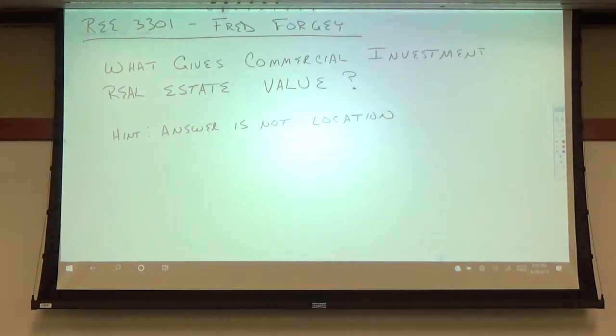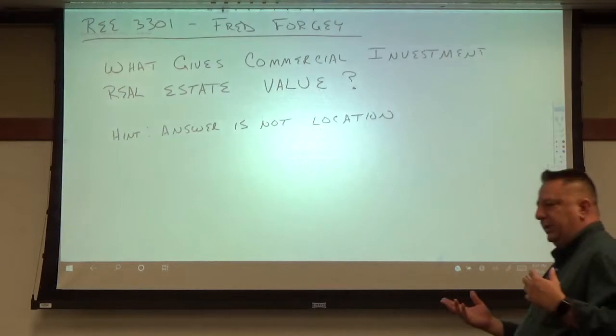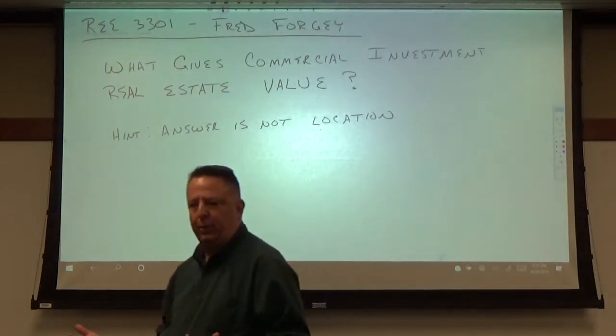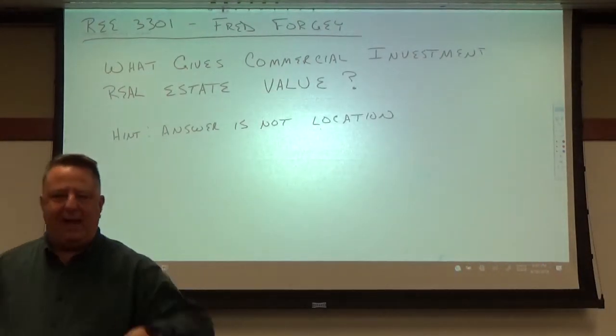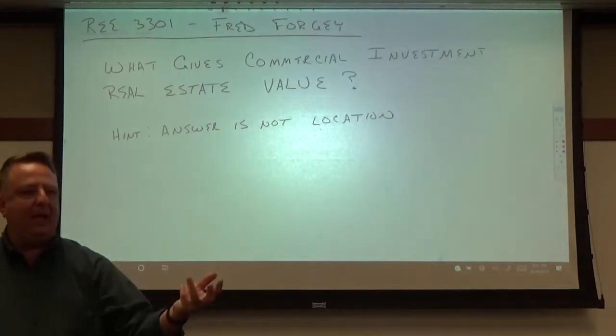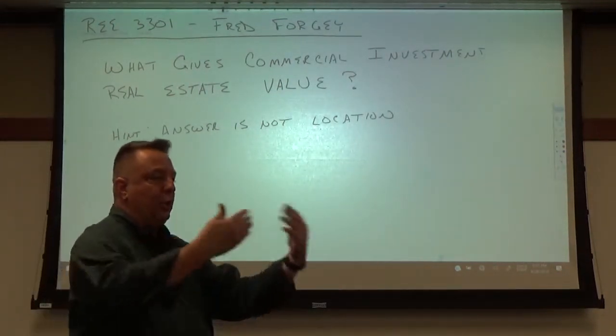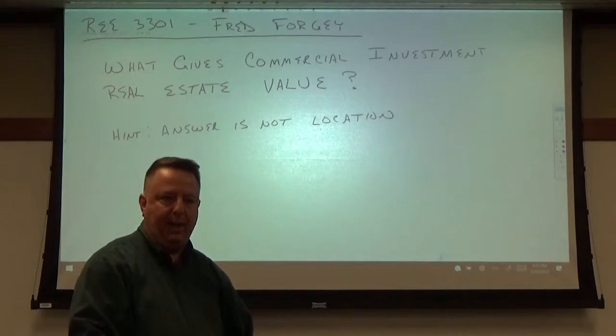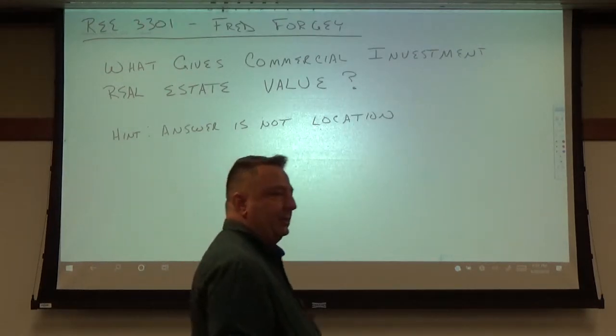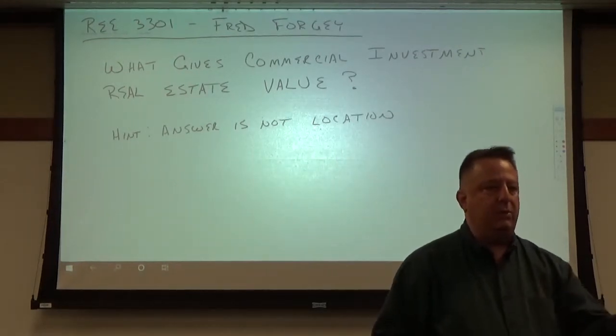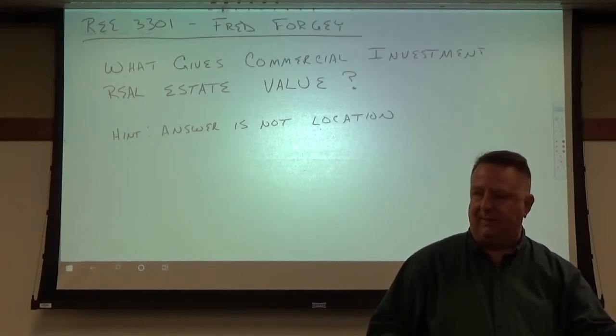Okay, so there are a couple of different terms that we use to describe the money that goes into a commercial real estate investment. One is debt, one is equity. Equity is the dollar amount that you, as the investor, are putting up. So in this case, that $300,000 represents equity. Does that make sense to everybody?